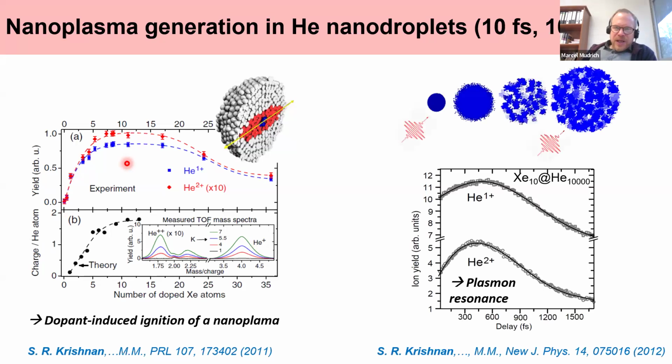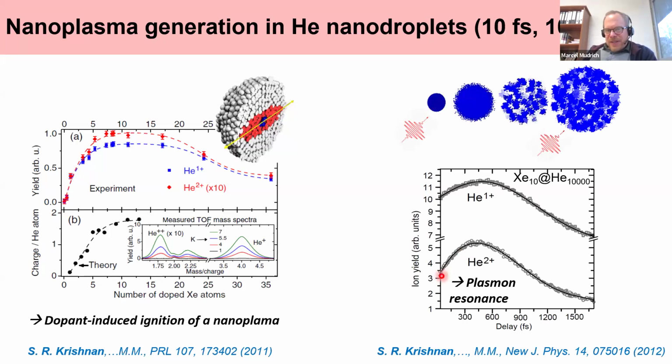And this we even did in a time-resolved way by applying two short pulses. A first short pulse forms a first weak plasma in the droplet, but still it's a plasma, it's energetic, so it leads to expansion.